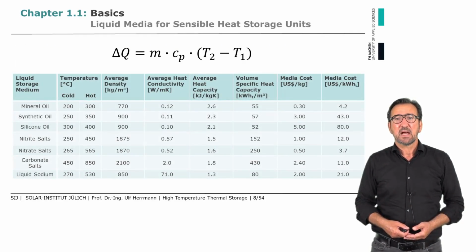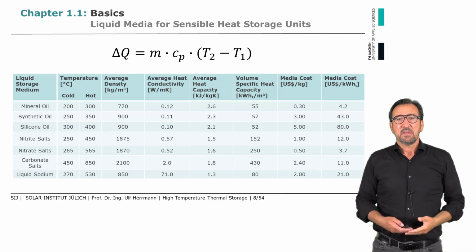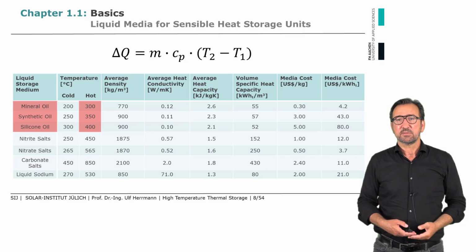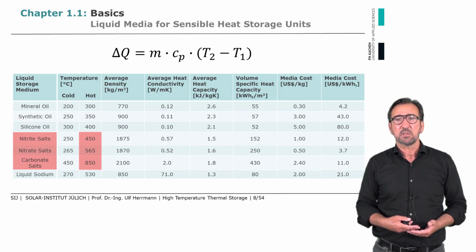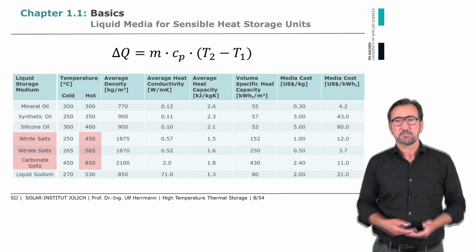Relevant storage media are listed in the following tables. In the category of high-temperature liquid heat storage, oils and liquid salts are mostly used. In the range up to 400 degrees C, these are primarily oils. For the range above that, salts are mostly suitable because oils are no longer stable at these high temperatures.